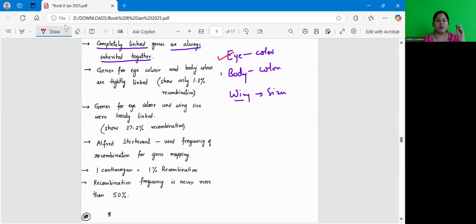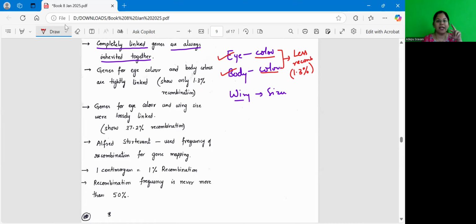Eye color, body color, both are colors. Okay. Just remember, both are the colors. They show more linkage. More linkage means less recombination. So here, less recombination, that is 1.3% of recombination, is seen. Clear? Why less recombination?